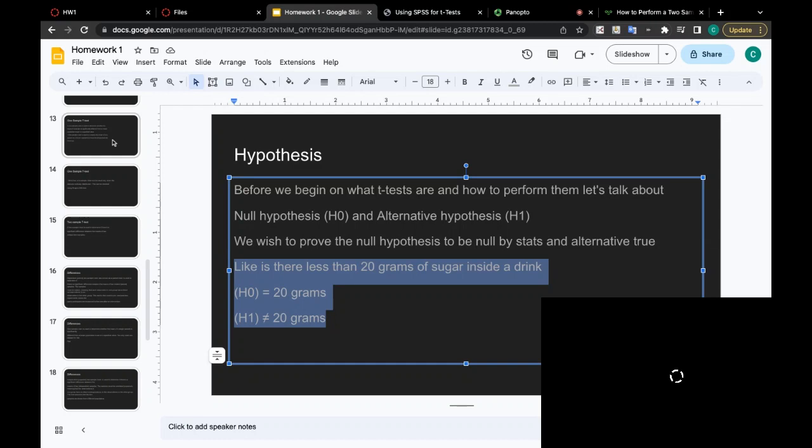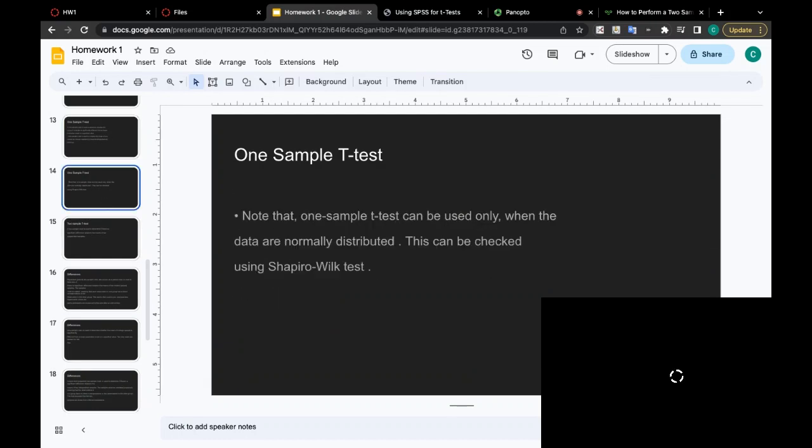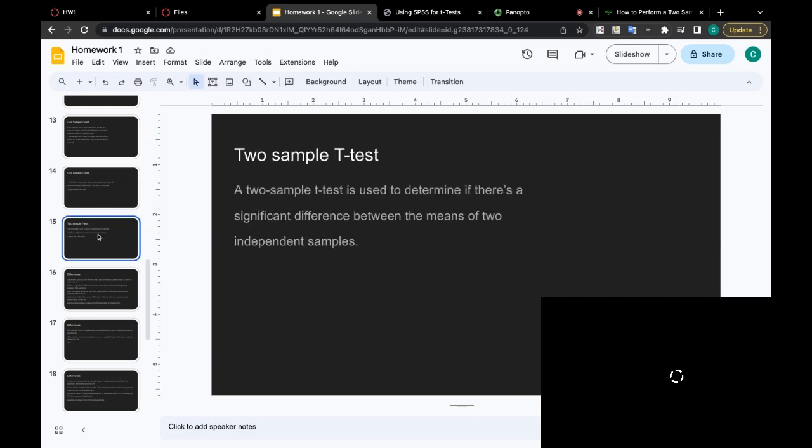I'm going to go back up here. A little thing, this is based off my lecture slides. I feel like this does not apply to the SPSS software, but I like to include all the one-sample material. A two-sample t-test is used to determine the difference of two independent samples.